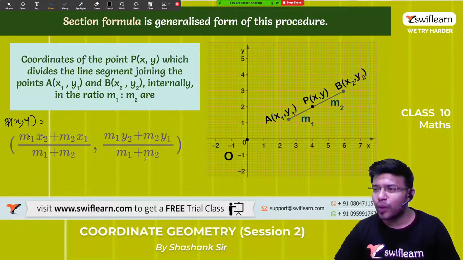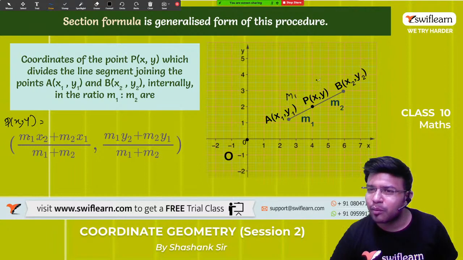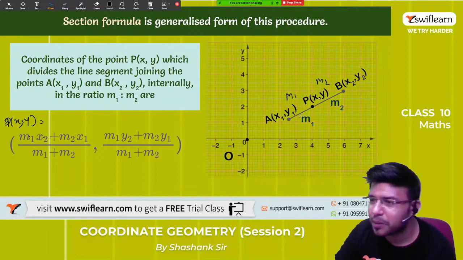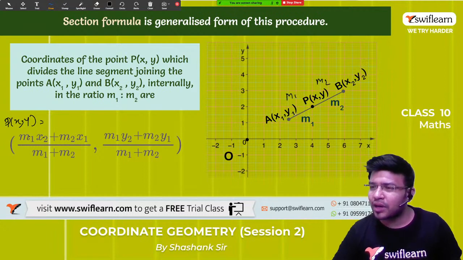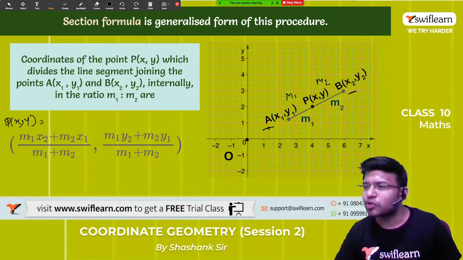Sir, what are these m1, m2, x1, x2? You may ask me. See, first of all, m1 and m2 are the ratio in which point P is dividing the line segment AB, and x1, y1 are the coordinates of point A. x2, y2 are coordinates of point B.